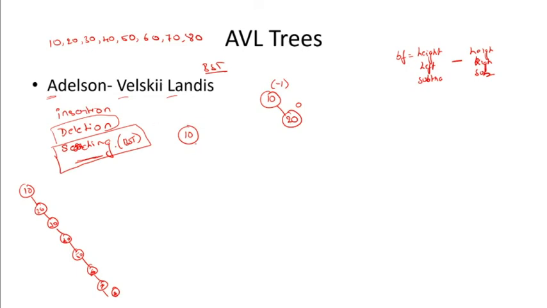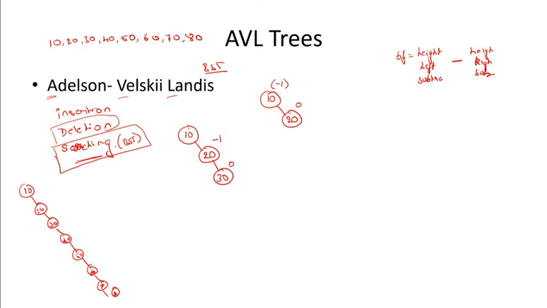So 30, I want to insert 30. So 20, next I'll insert 30. Now when I insert 30, what is the balance factor of 30? 0, because there are no nodes. Balance factor of 20: to the left you have 0 nodes, to the right you have 1 node and its height is 1. So it is 0 minus 1, which gives you minus 1.